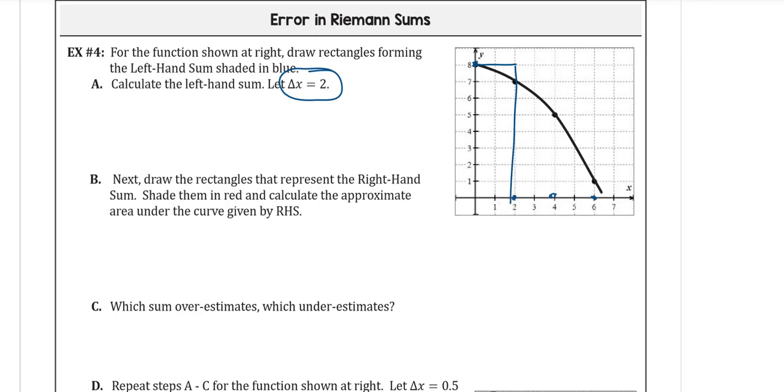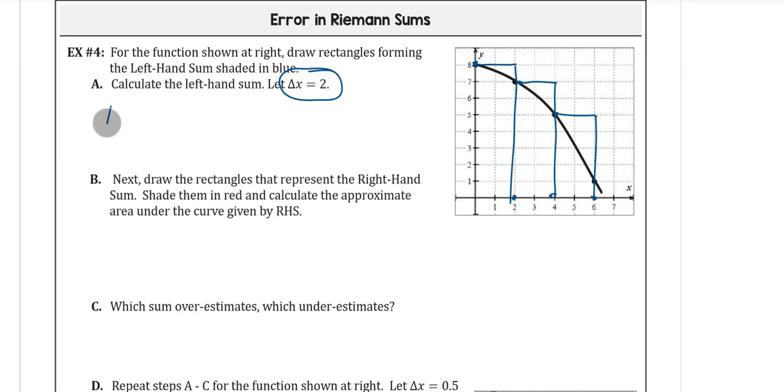The next one goes from where this side of the rectangle ends on the left, to where it touches the curve, and then straight down. My next one is again on the left-hand side of that interval and down. It turns out I only have 3 blue rectangles, so that's fine.